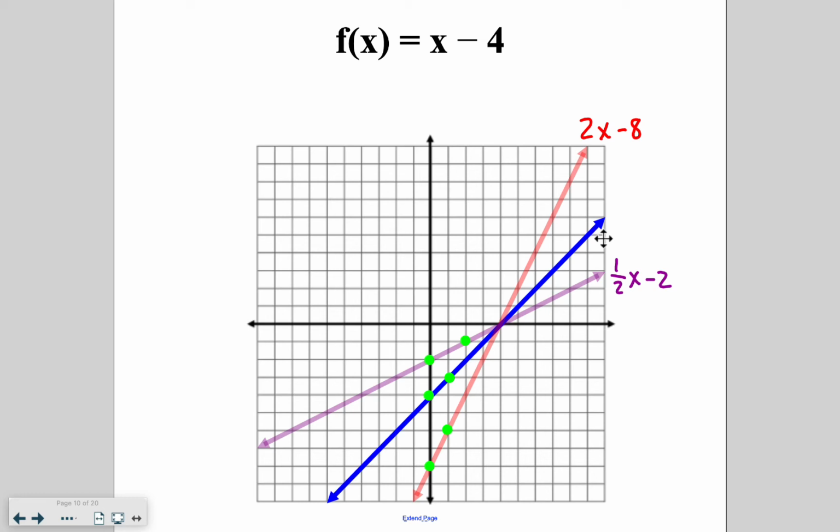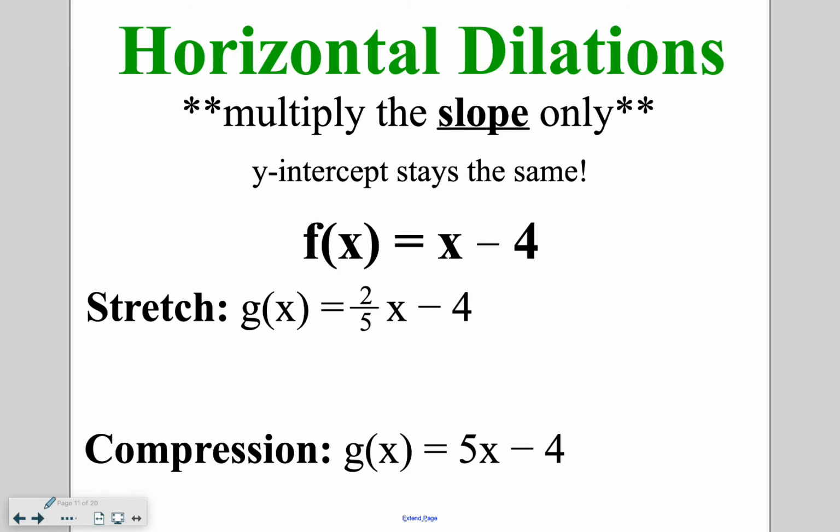When I'm doing a vertical compression, I am making it flatter. And again, that's multiplying both the slope and the y-intercept by your value. With a horizontal dilation, you are only multiplying the slope. So your y-intercept stays the same in these problems.